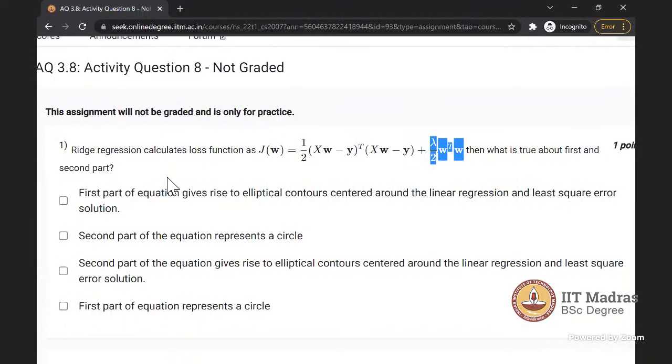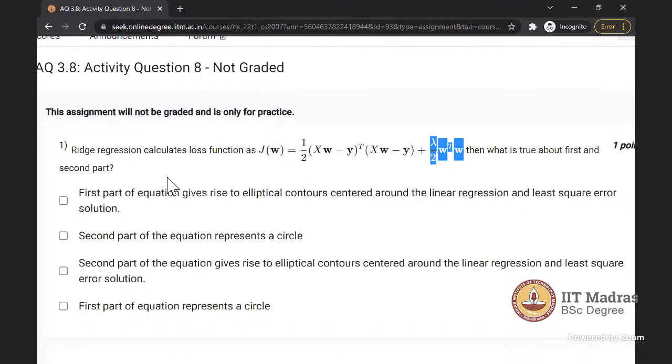First part of the equation gives rise to elliptical contours centered around the linear regression least square error solution. Second part of the equation represents a circle. Third option is the second part of the equation gives rise to elliptical contours. And the fourth option is the first part of the equation represents a circle.